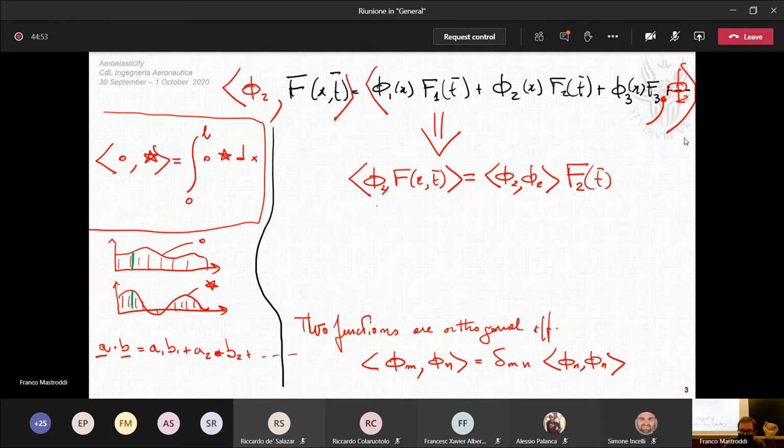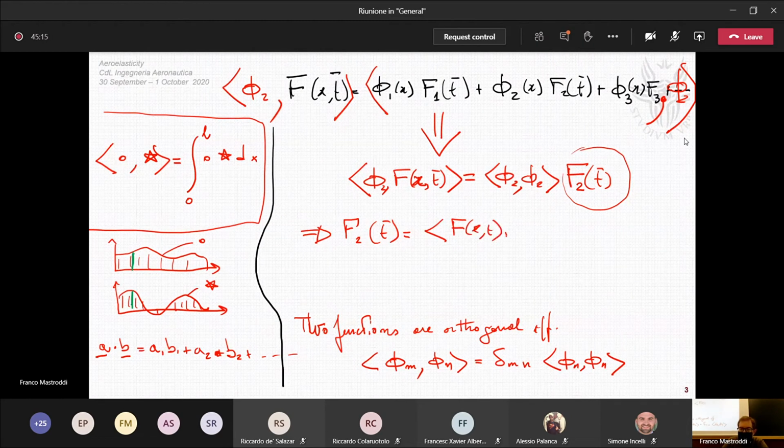So this is F2. F sub 2 is a time function defined as the projection of f(x, t) on phi2. And after this integral, you have only a time function divided by the norm of this basis function, phi2 comma phi2.